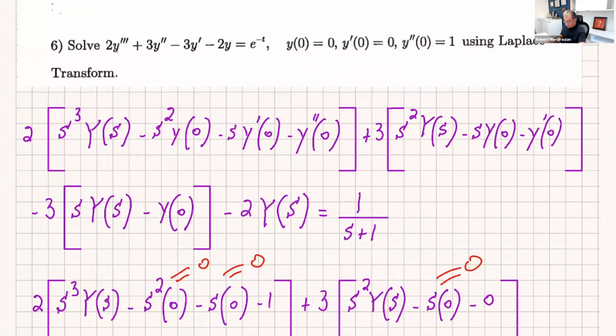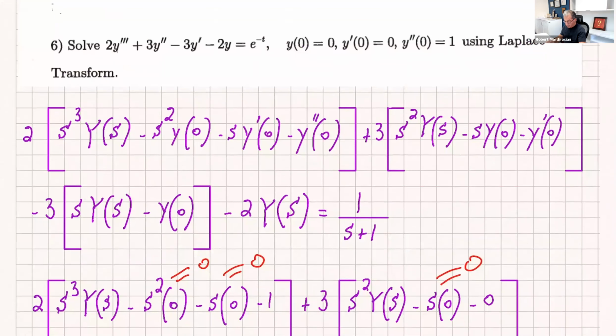Please check those. Then our goal is to isolate Y(s). If you use the conditions again, we know y(0) and y'(0) are 0. So these are just times 0, and that's 0. If you substitute the zeros, then you get a smaller expression on the right side.